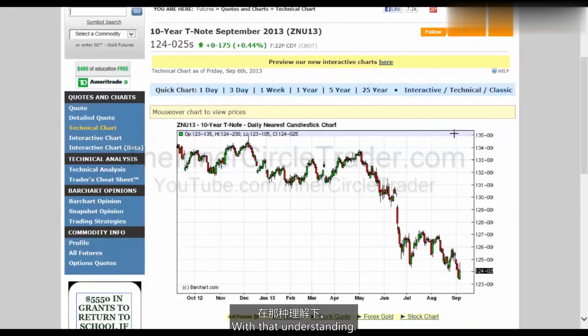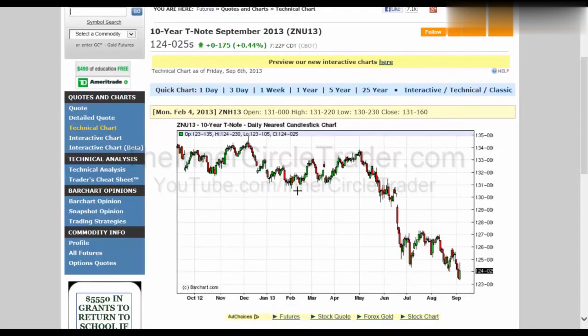Now, with that understanding, if we look at the 10-year T-note market, this is a chart of a daily futures contract of the 10-year T-note. If we see price, in this case, trade lower here, what is that telling us? Well, there is an inverse relationship between the futures contract and the actual bond yield. The yield that the 10-year note is yielding is actually, in this case, going up.